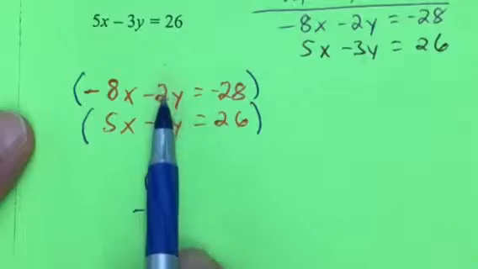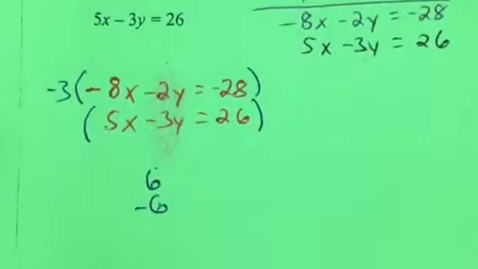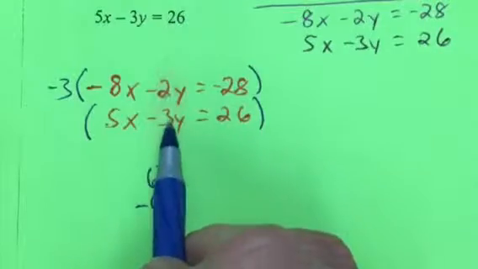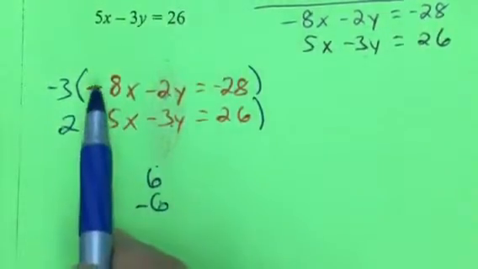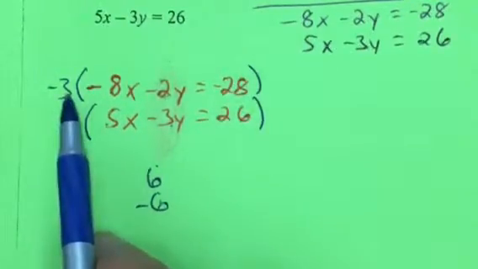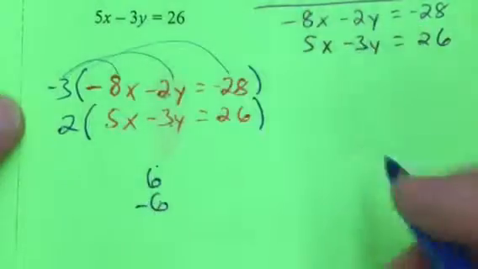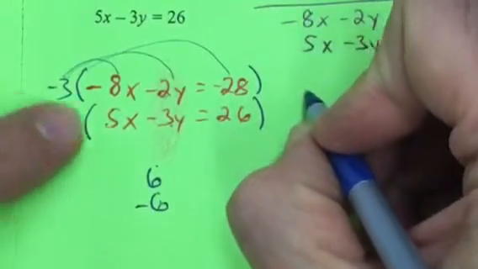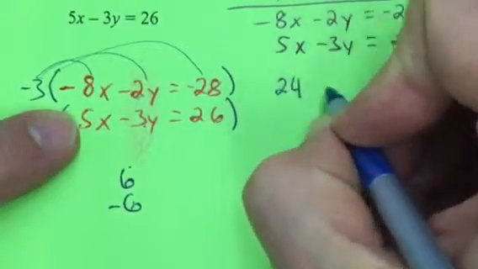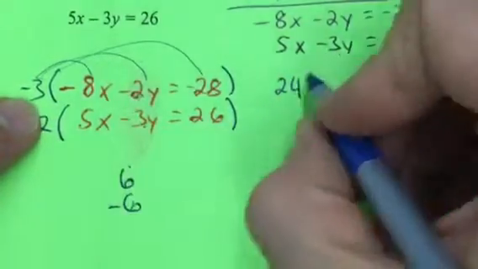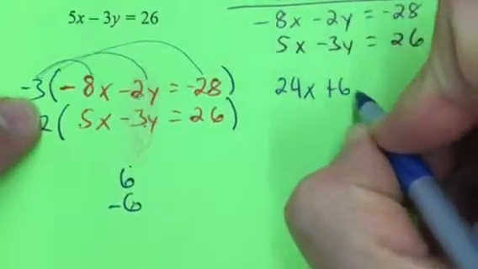If I want a 6 up here, I need to multiply by negative 3. And to get a negative 6 here, I multiply by 2. This whole equation gets a negative 3. Looks like this. Negative 3 times negative 8, positive 24. Negative and a negative. Oh, that's x. Negative 3 and negative 2, positive 6 with a y.